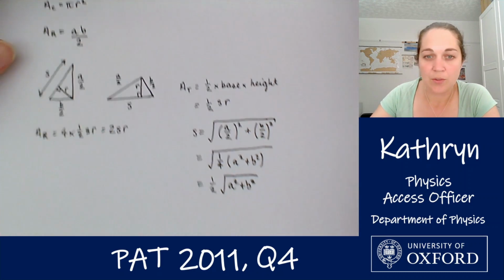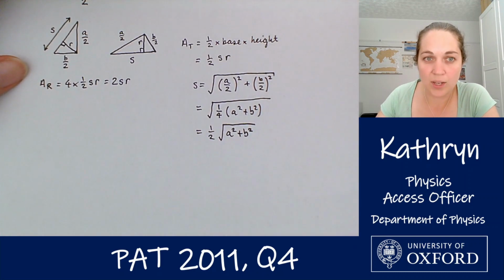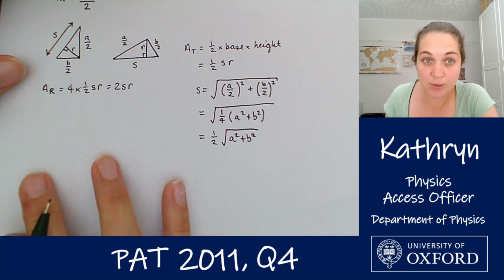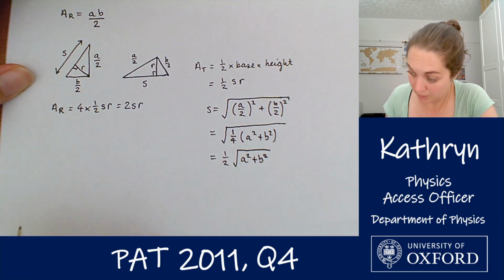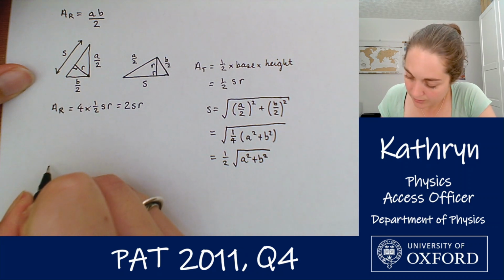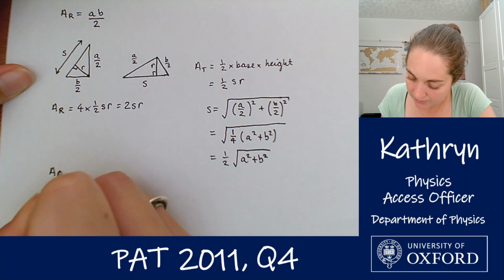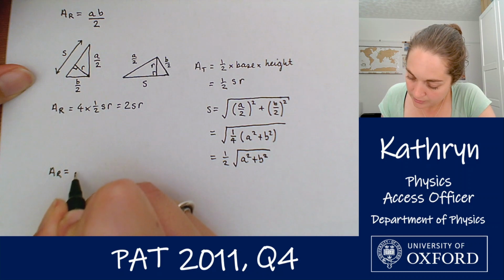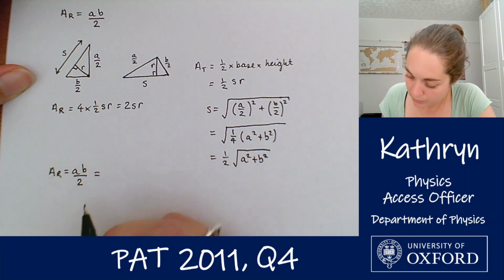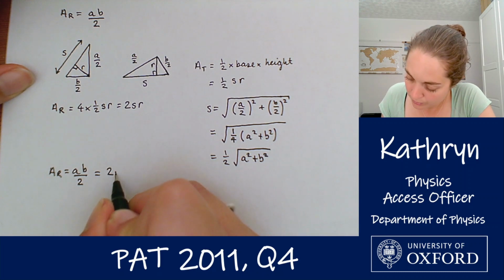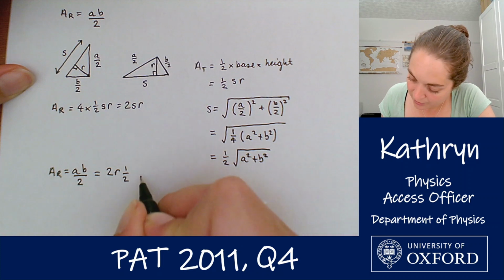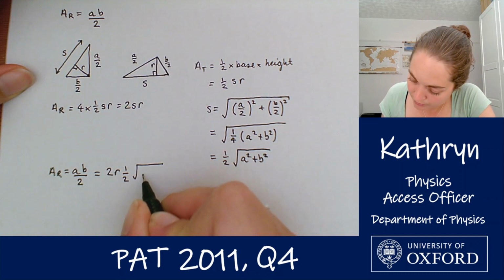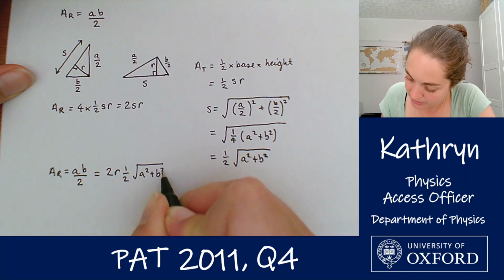Okay, so we've now got 2 expressions for AR, and we've got them in terms of A, B and R. So we've got that AR equals AB over 2, which also equals 2R times S, which is a half square root of A squared plus B squared.